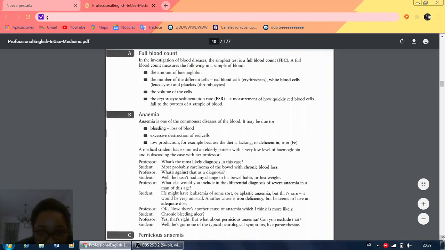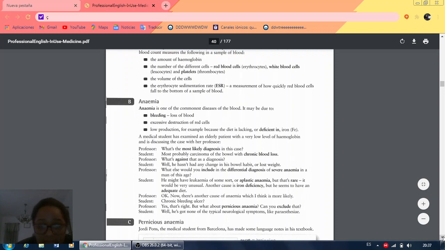A medical student examined a patient with a hematology problem and describes the case. Professor, what is your diagnosis in the case? Student: Most probably a tumor of the wall and chronic blood loss.